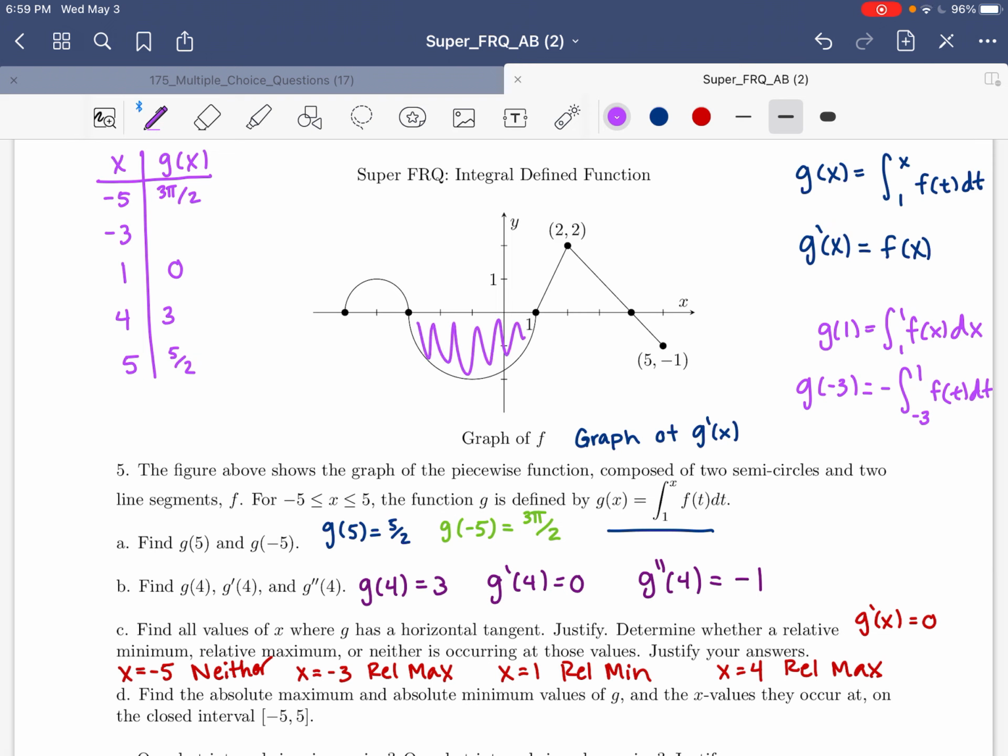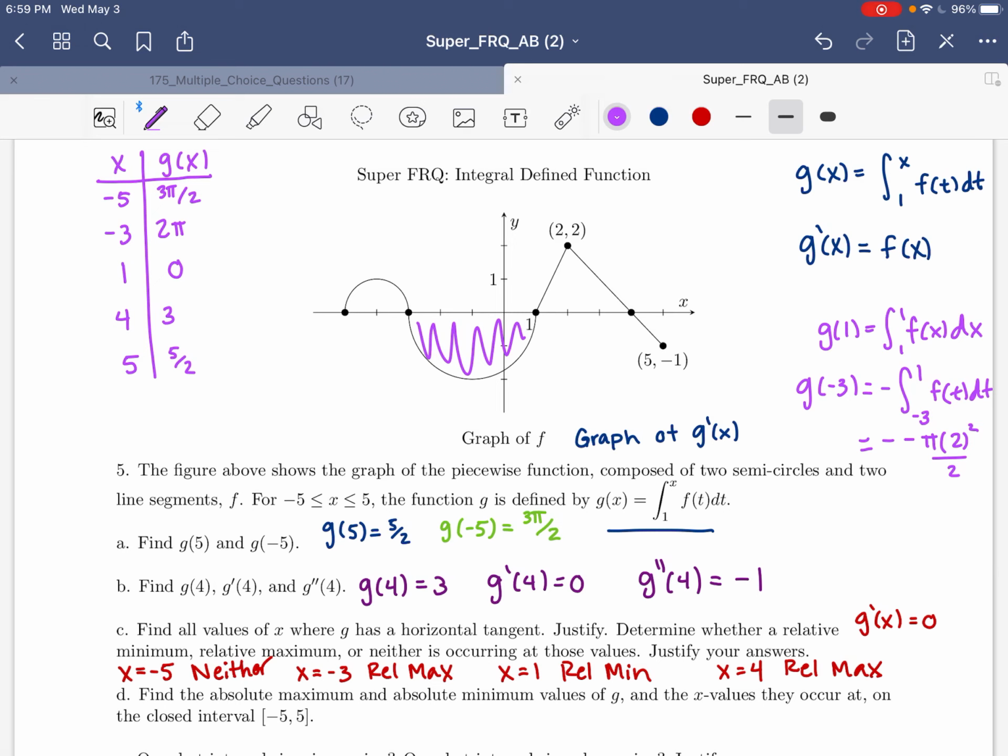And then my slope from -3 to 1 was down here. So it's going to equal negative, because it's below the x-axis, pi 2 squared over 2, which is going to just come out to a positive 2 pi. 4 divided by 2 is 2.